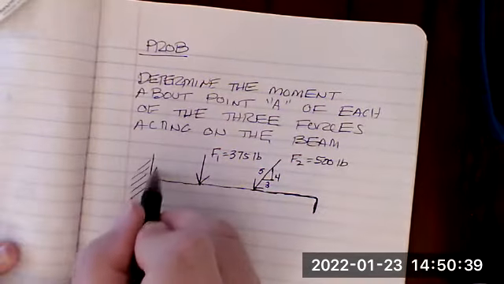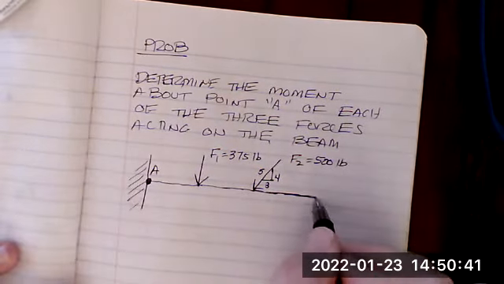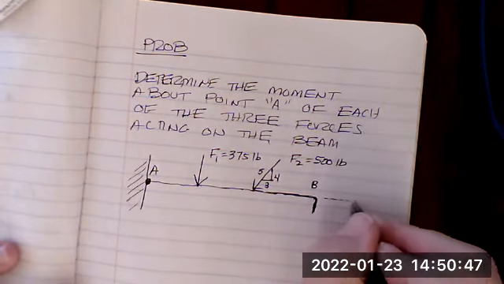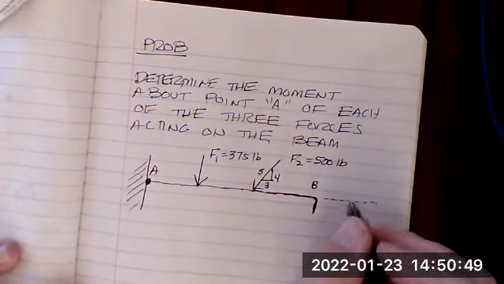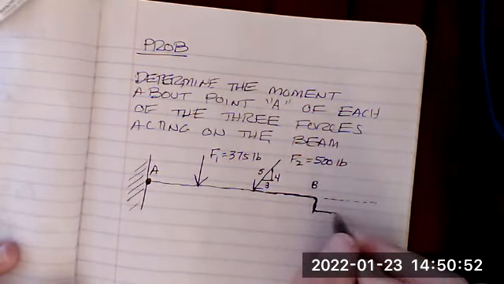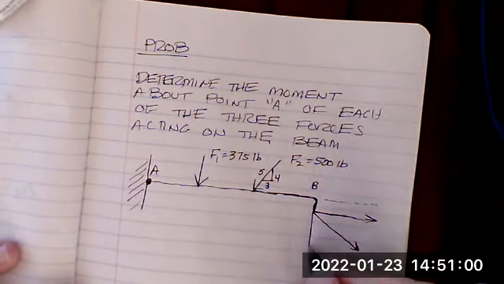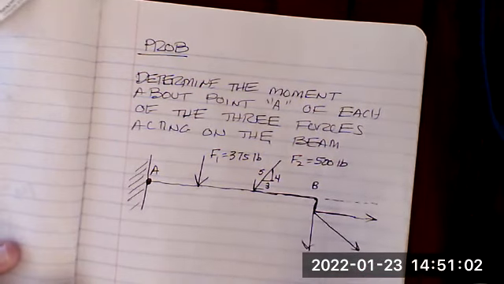Again, this is point A. Down here is going to be point B. And we also have a force like this, coming off at an angle, so we're going to have a horizontal and a vertical component for that force.